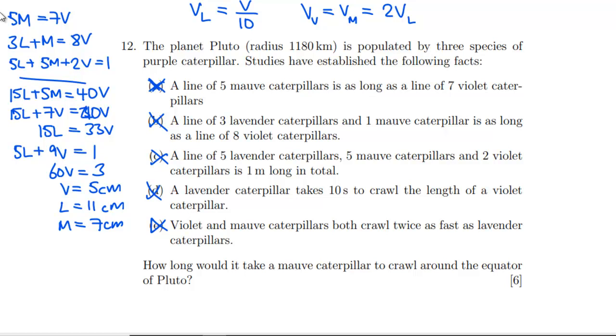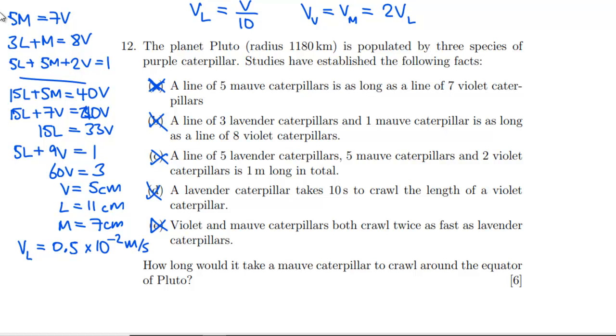So that's good. So we've got those lengths. So what does this now mean? So the velocity of the lavender one is now doing 0.5 centimeters a second. Well, 0.5, but that would be times 10 to the minus 2 meters per second.